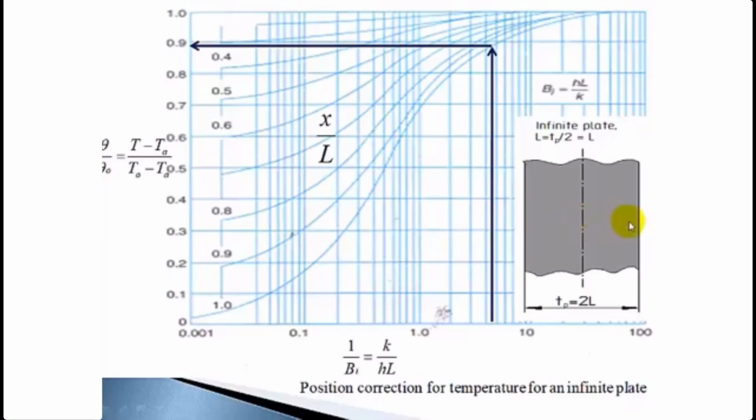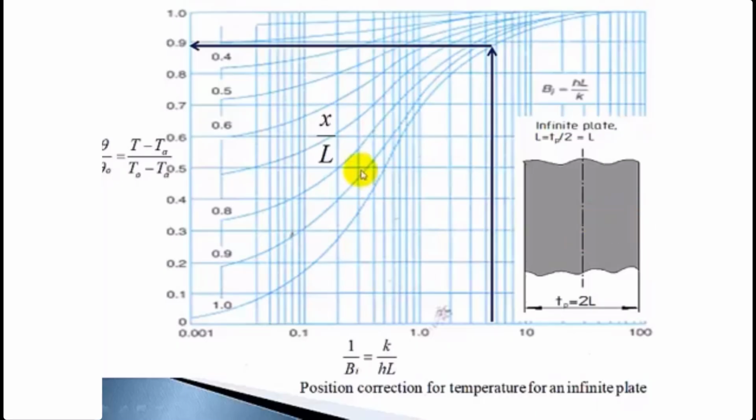But in this case we want the surface temperature. So from the mid plane to the surface the distance is L, so x is L. If it is somewhere inside, then that distance will be less than L. So the maximum x value is L, and that is at the surface.